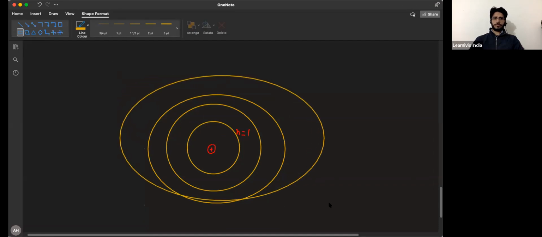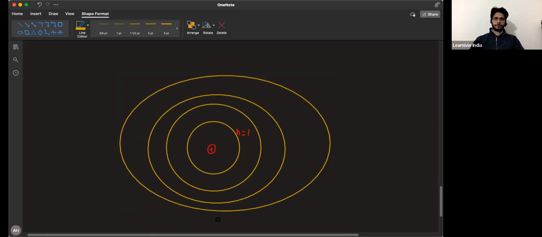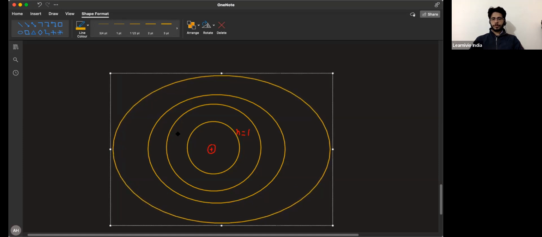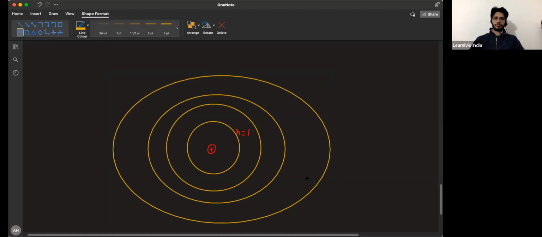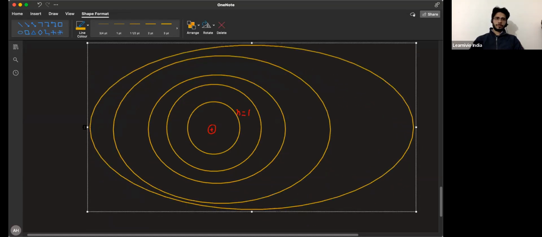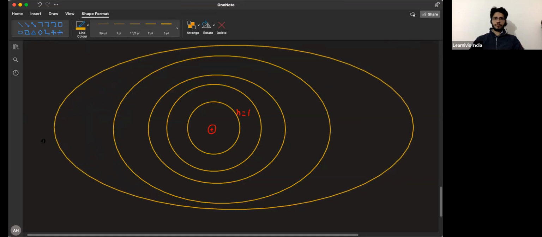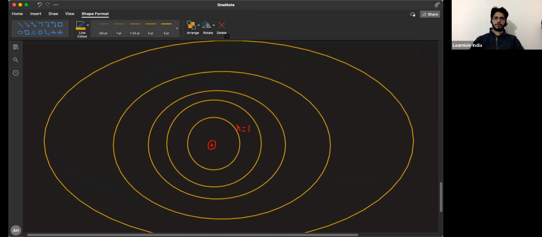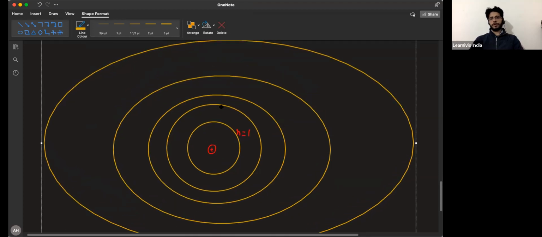Then you have another orbit. Sir, shall we draw this? Yes. Then another orbit, so we get 1, 2, 3, 4, 5.